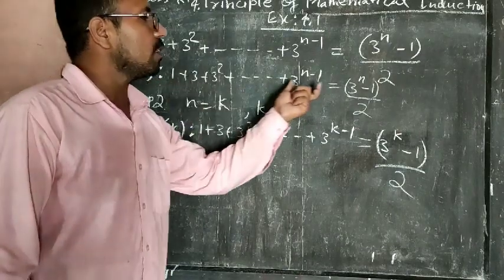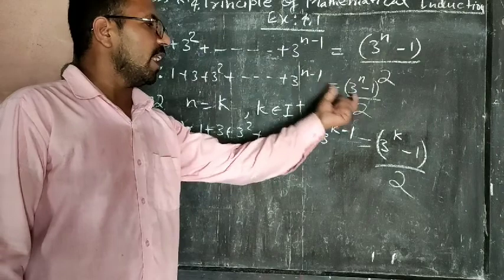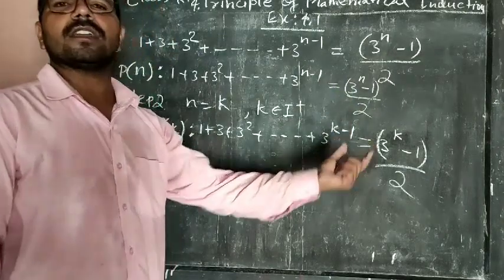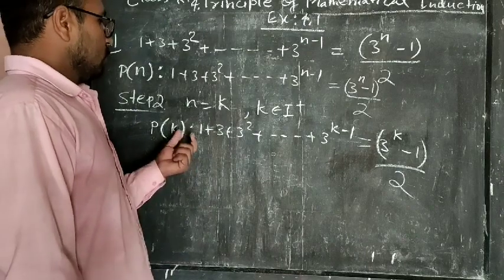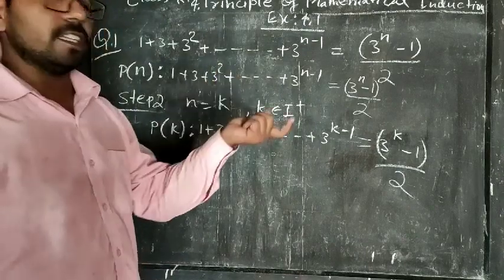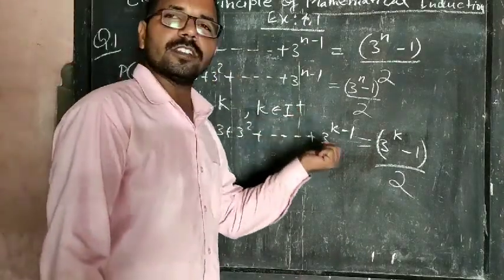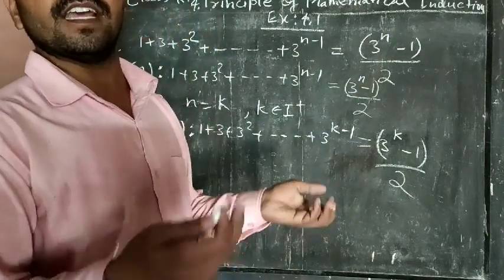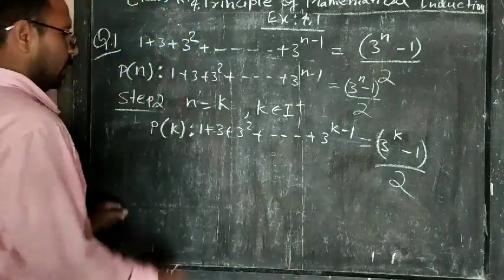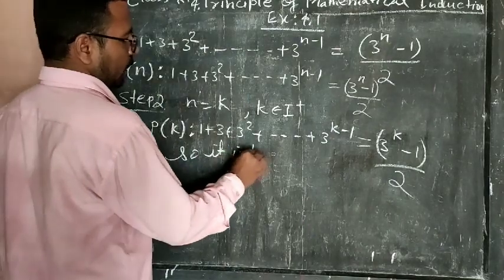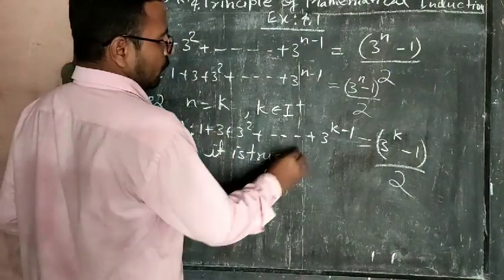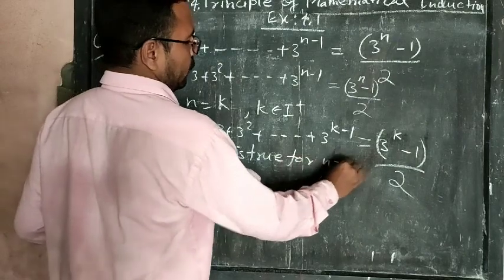Just we have put k wherever we are getting n. Very simple. So n also belongs to natural numbers, k also belongs to positive integers, both are the same. That means hence it is also true for n is equal to k.